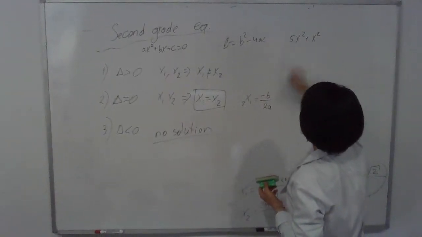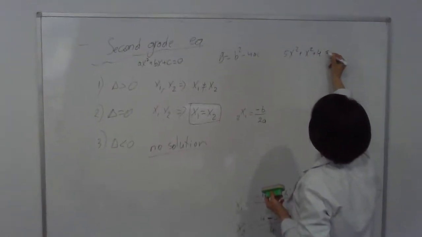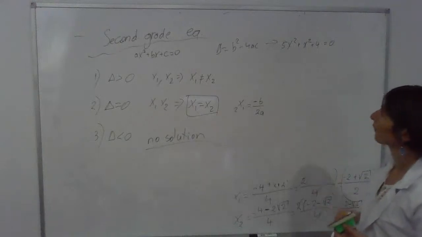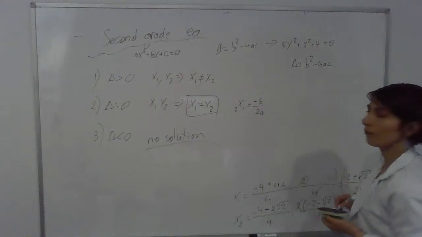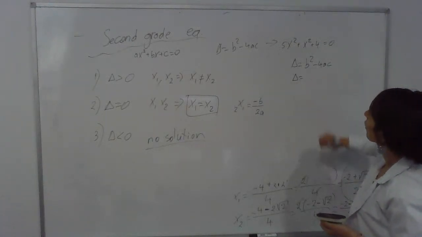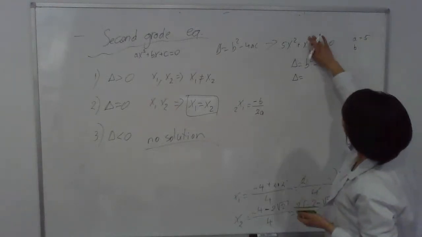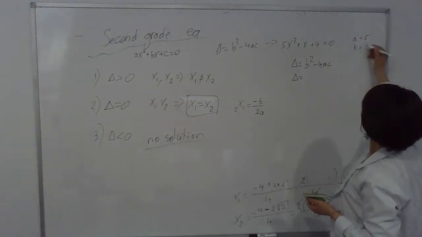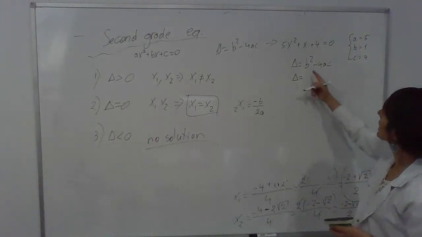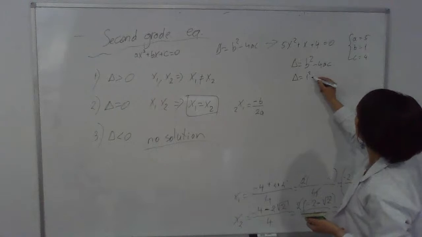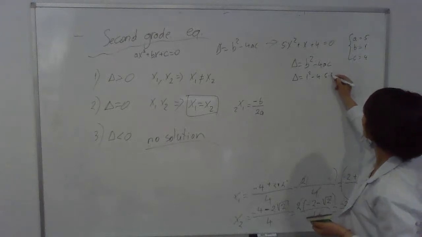Okay, this is my exercise. I know that delta equals b squared minus 4ac. Delta in this case equals, a has the value 5, b has the value 1, and c has the value 4. So in this case, I can say 1 to the power 2 minus 4 times 5 times 4.